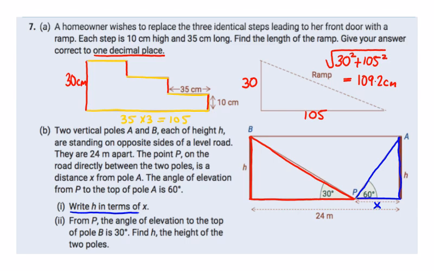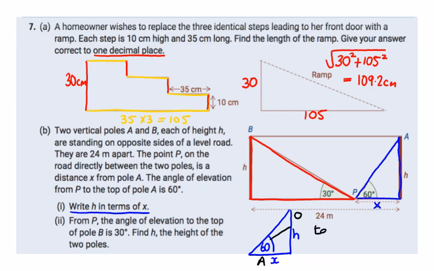We want to write H in terms of X, so that's the triangle on the right. We have X, we have 60, and we have H, and we label our triangle. We can see that we're dealing with the opposite side and the adjacent side.